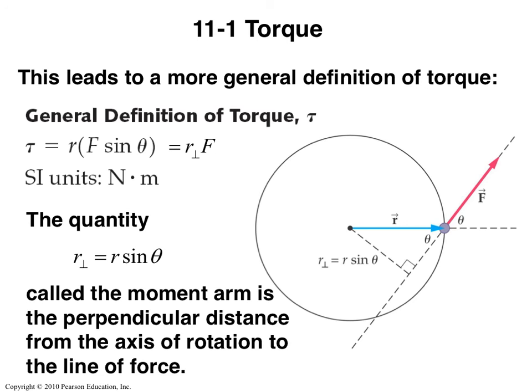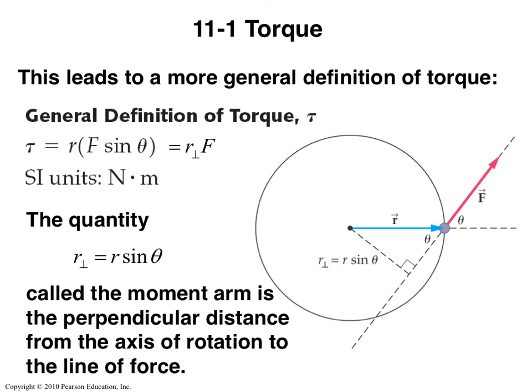In other words, you're applying a force in this direction at this point. I call it the point of application of the force. Now, you've got this vector from the axis to the point of application, and you have the force vector. Those two vectors have an angle between them. Any two vectors have an angle between them.